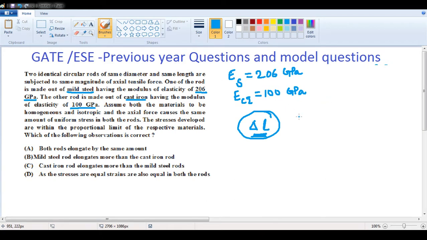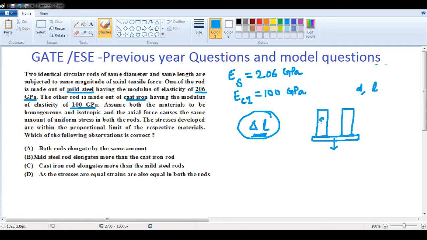So I'll take two identical circular rods of the same diameter D, and the length is also the same. Both are subjected to the same tensile force. One of the rods is made out of mild steel.